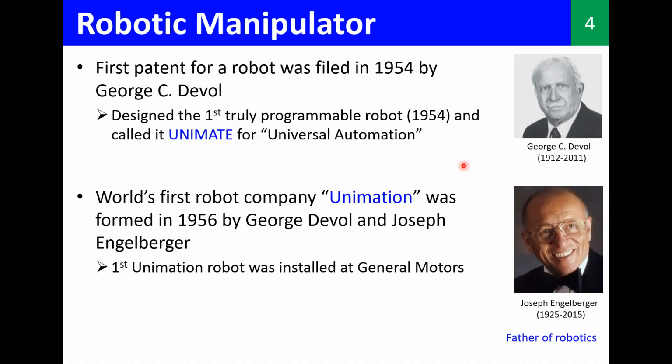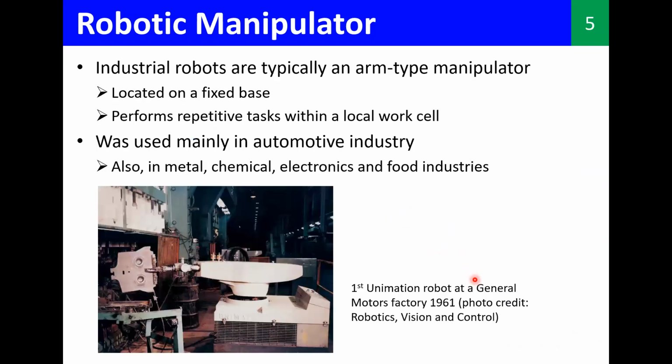He, together with Joseph Engelberger, who's known as the father of robotics, formed the first robot company called Unimation, and their first robotic manipulator was installed at General Motors. So here you can actually see that first Unimation robot at General Motors in 1961.